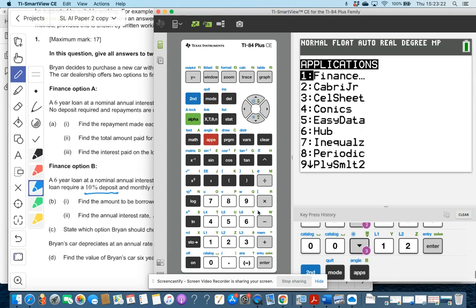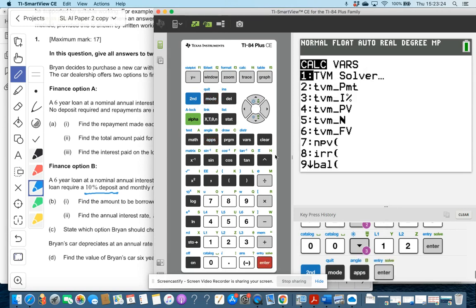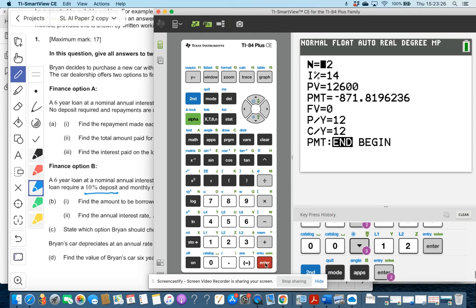So I started that already on the TVM solver. And I'm writing this input into my calculator. Again, it was 6 years, 12 months at 14%. There is 90% of 14,000 basically is 12,600. Future value 0, and I changed the PY and CY to 12 still at the end of the year.